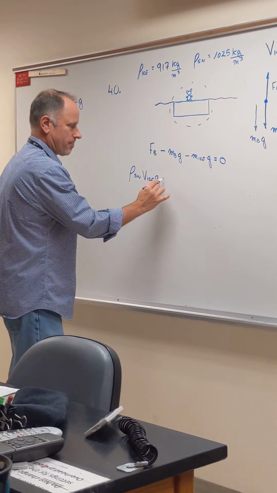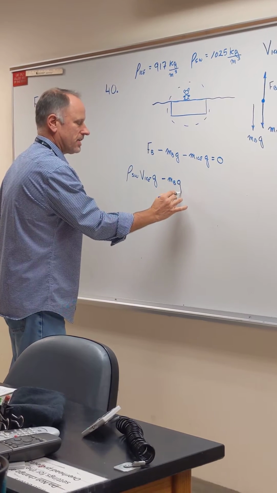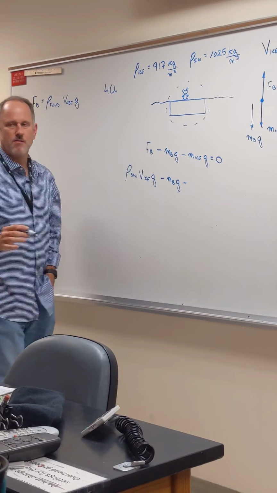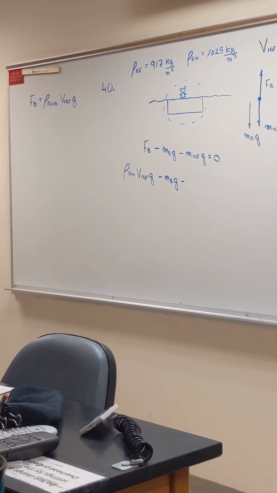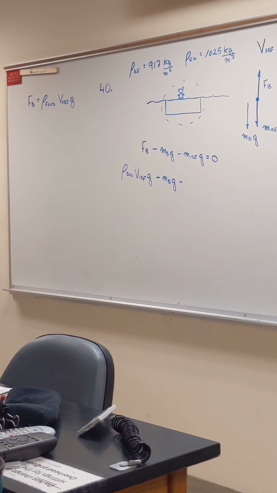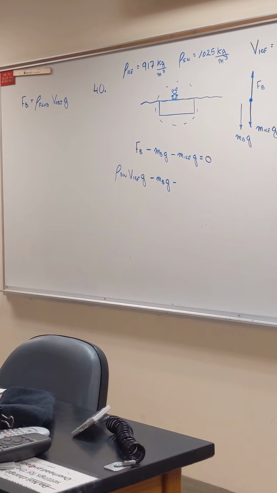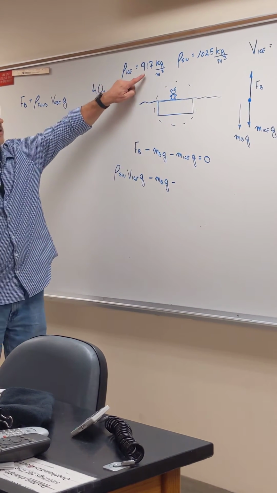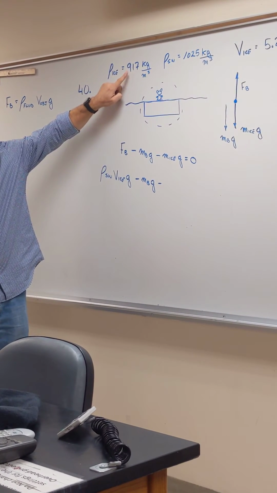Minus the mass of the bear times g, minus, how do I get the mass of the ice? I have density of ice multiplied by volume of ice.